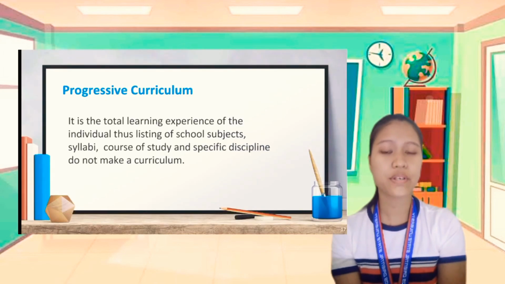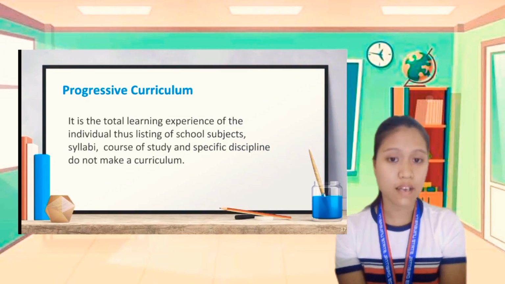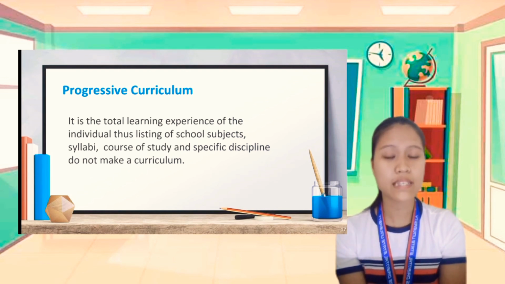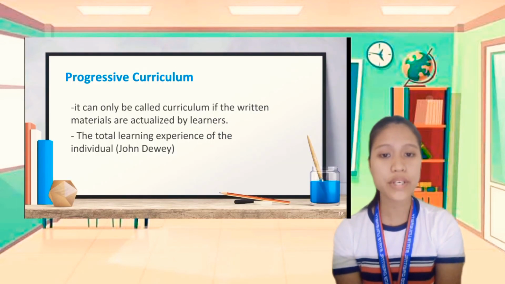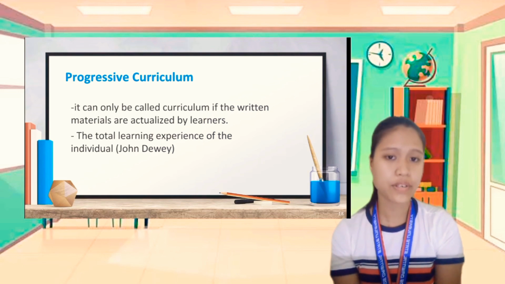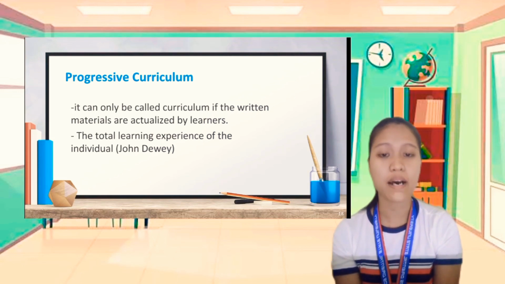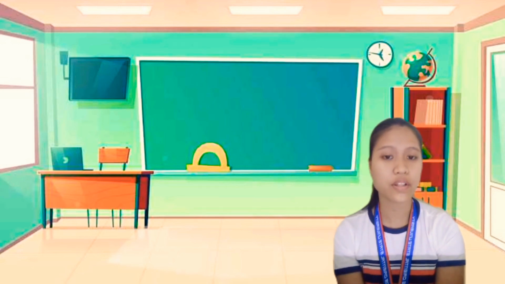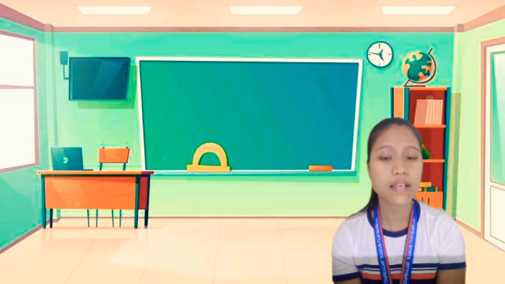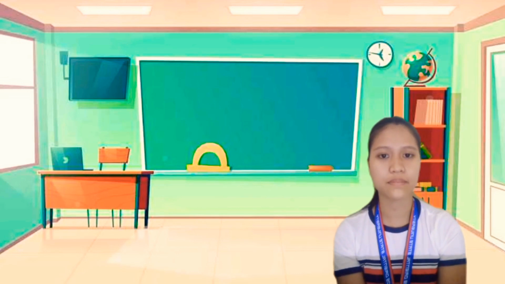It pertains to the total learning experience, thus, a listing of school subjects, syllabi, course of study, or specific discipline does not make a curriculum, because it can only be called curriculum if the written materials are being actualized by the learners. It emphasizes experiential and hands-on learning, wherein the students have great control over their learning process.